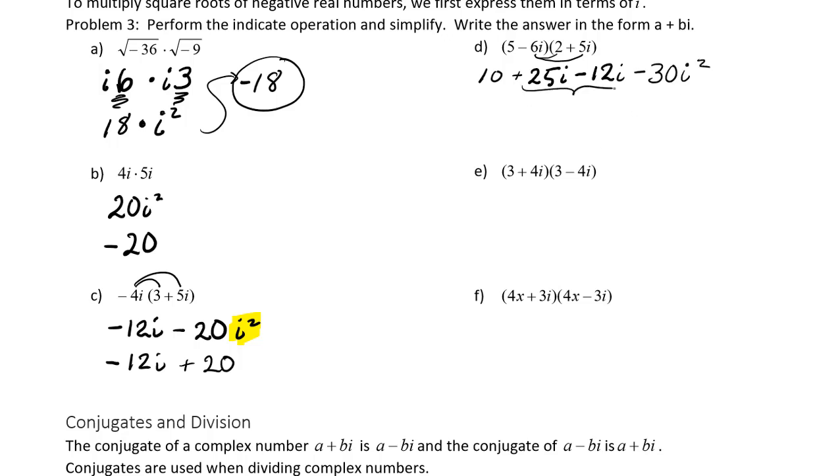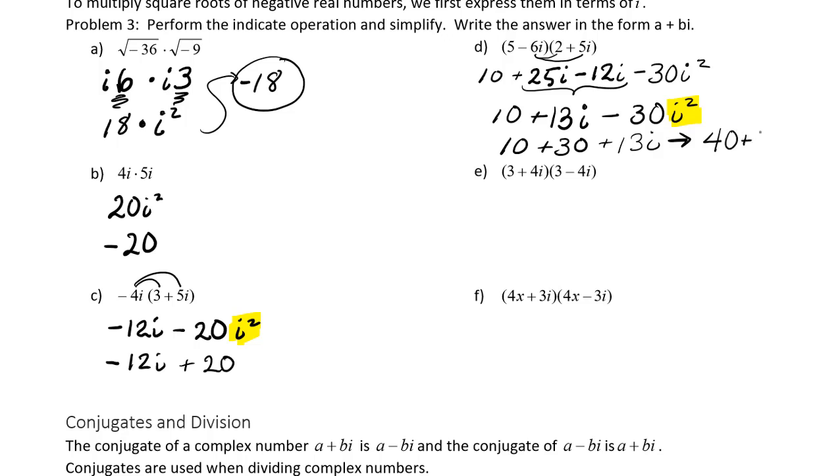Combining like terms, we'll have 10 plus 13i minus 30i squared. Now don't forget, the i squared is equal to negative 1, so we can rewrite this as 10 plus 30 plus 13i. And my final answer comes out to be 40 plus 13i.